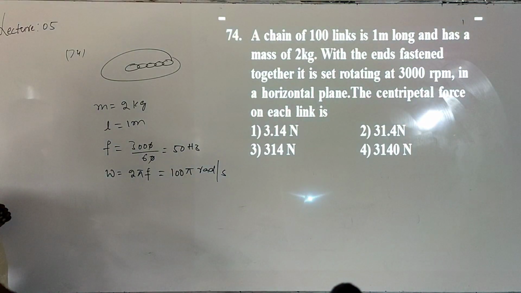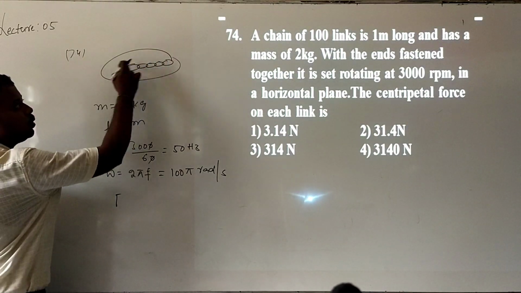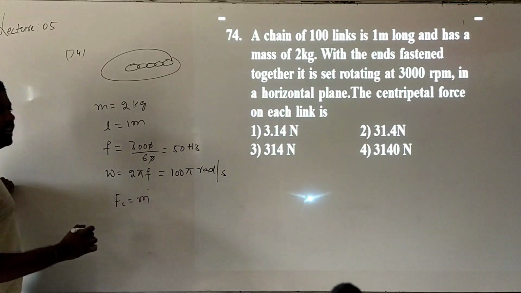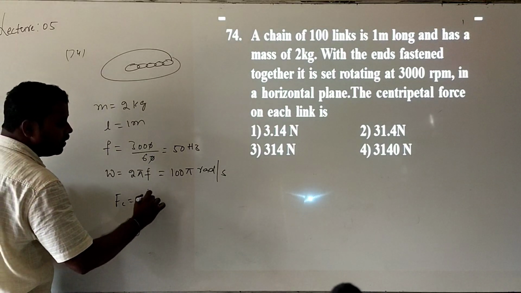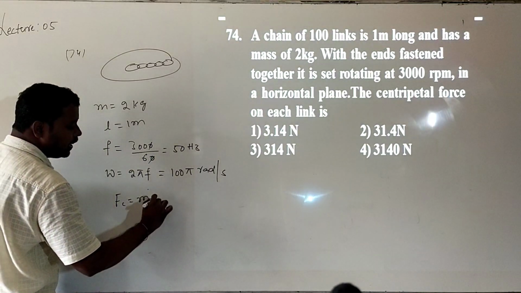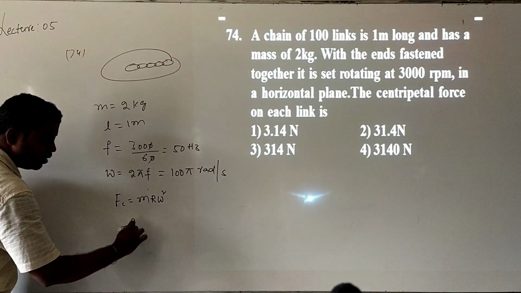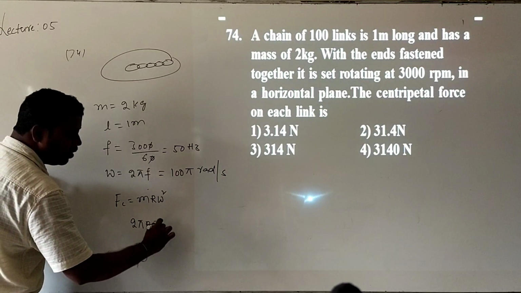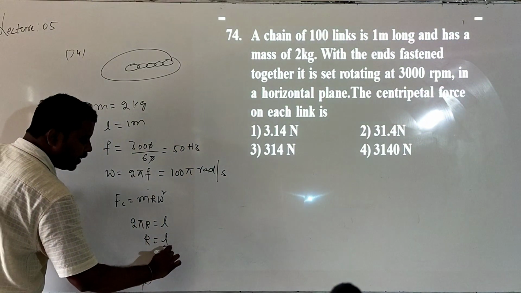They are asking us to calculate the centripetal force acting on each link. There are 100 links in total. First, let me calculate the total centripetal force. Total centripetal force is given by m r omega square. Here the total circumference 2 pi r is equal to L, so r is equal to L divided by 2 pi.